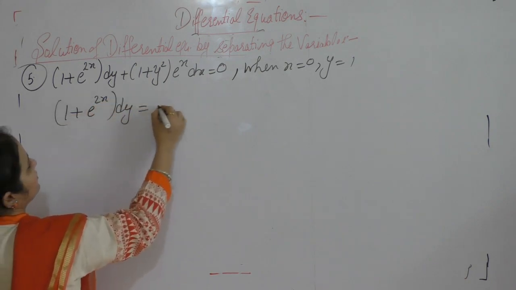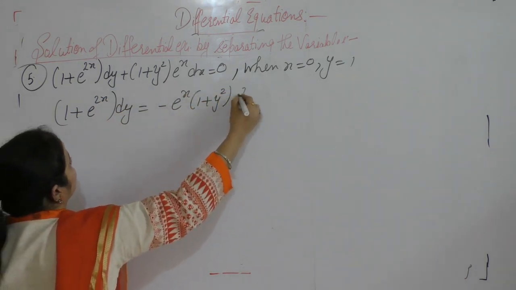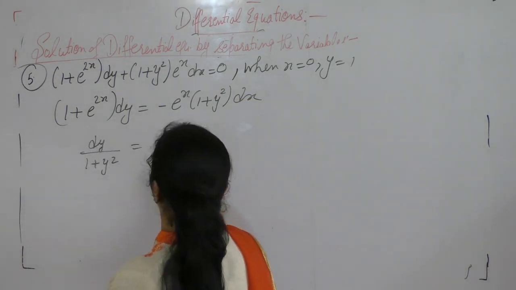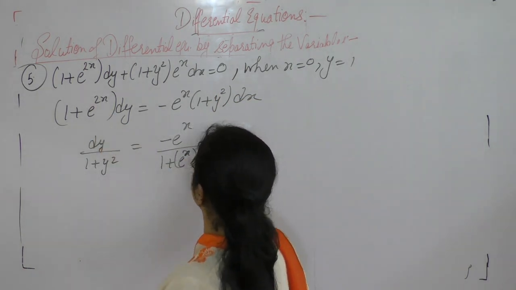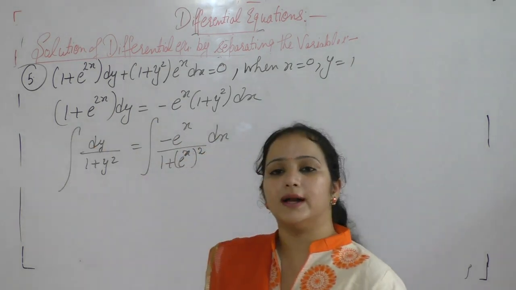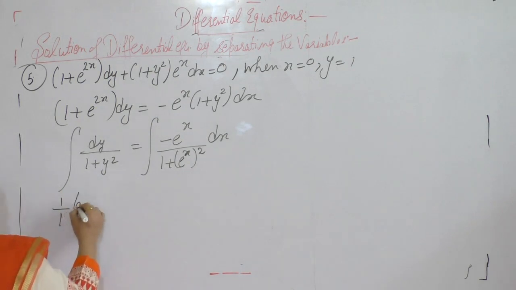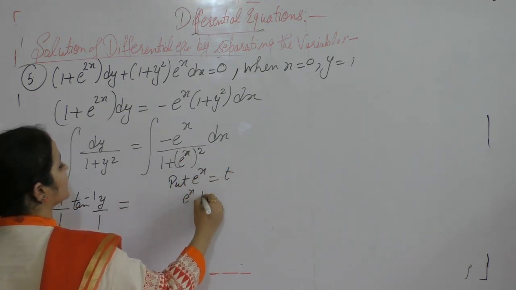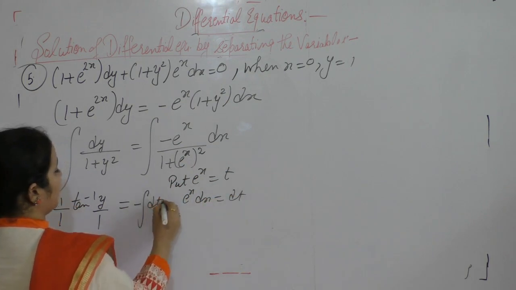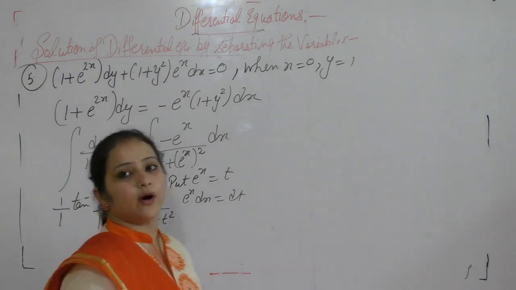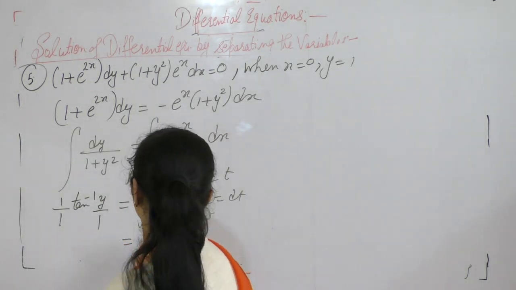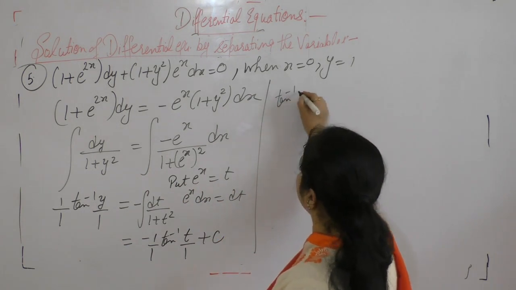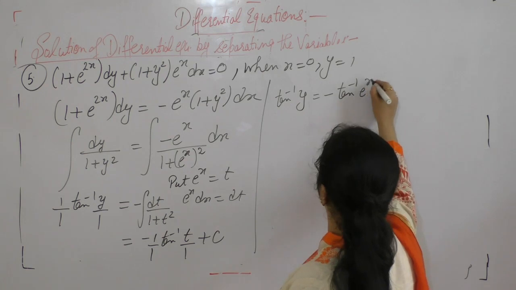(1 + e^2x) dy is... tan inverse y minus tan inverse e^x plus c.